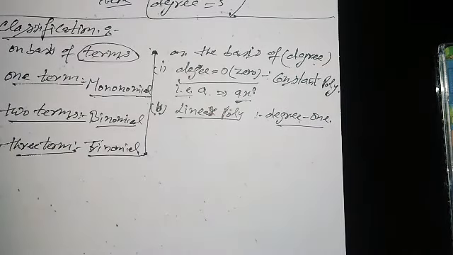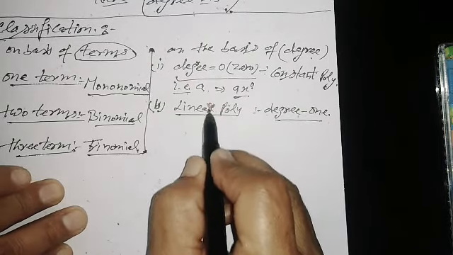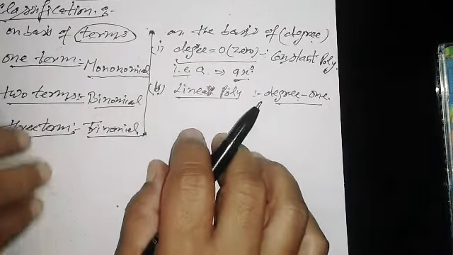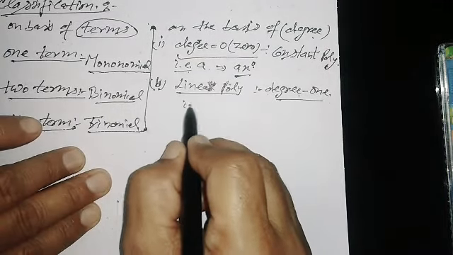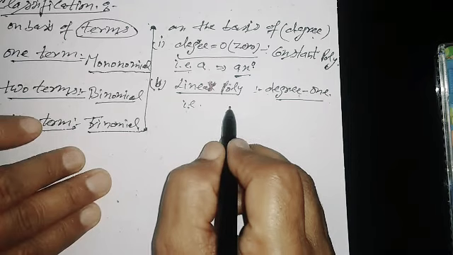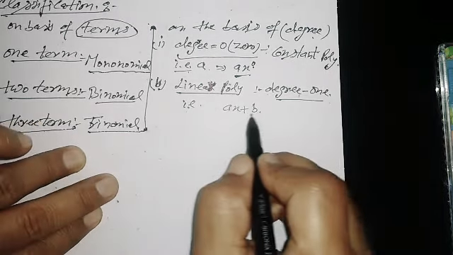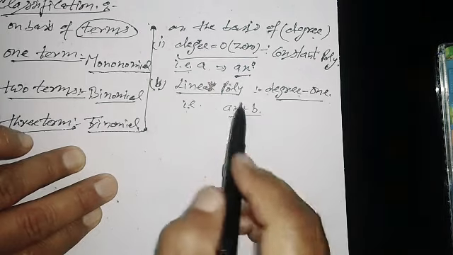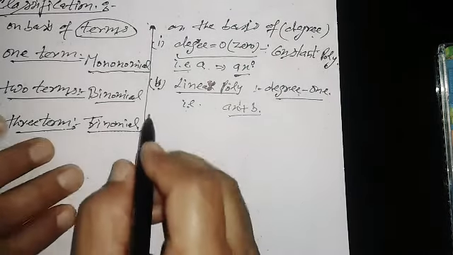Any polynomial having degree 1 is called linear polynomial, right? The word linear is used for this type of polynomial. For example, you can say ax plus b. Here, what is its degree? Maximum degree is 1. So, it is linear.